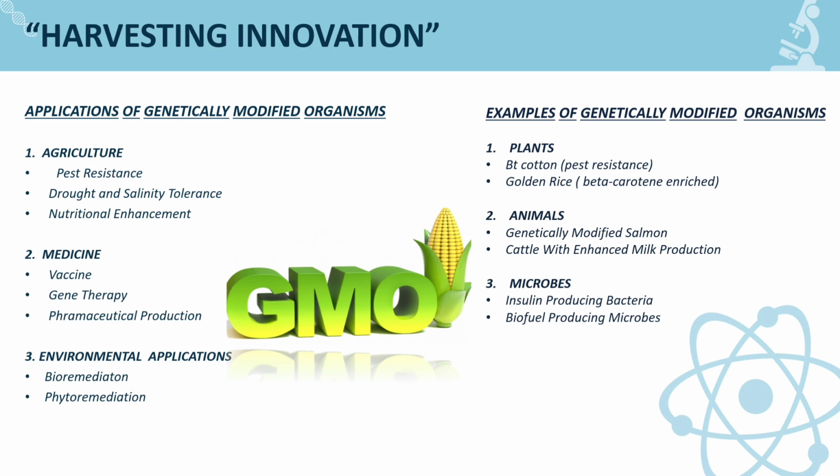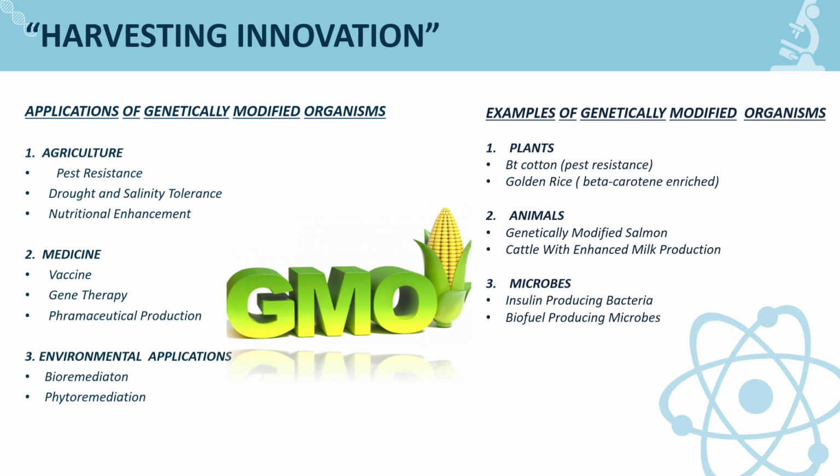We are modifying the genes of the microbes and plants both, to increase the efficiency of biodegradation and the capacity of their degradation, to eliminate the contaminants from the environment and reduce environmental pollution. So that's how we are going to implement genetically modified organisms in agriculture, medicine, and environment.